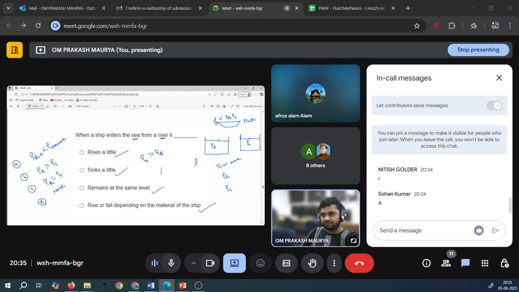Let us suppose you have something like that and something like that, and the density here is 10 and here, let us suppose, 8.